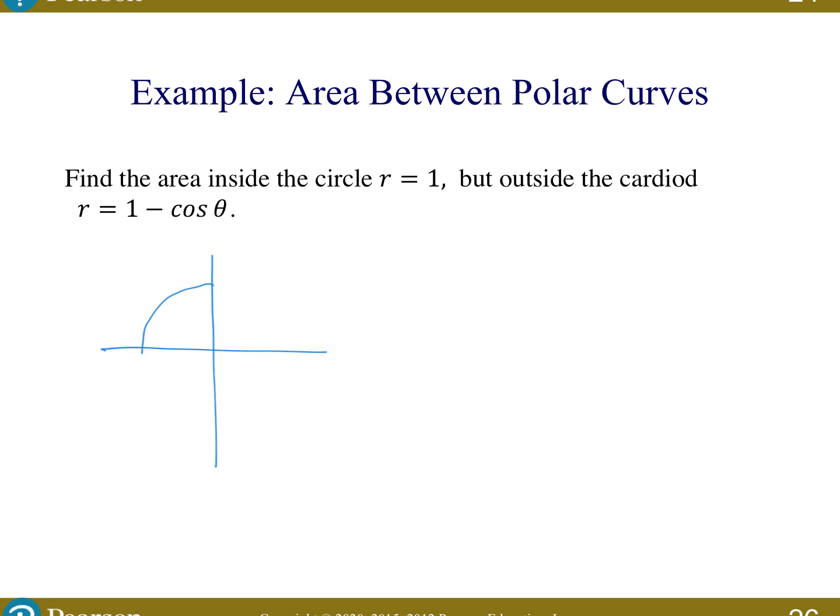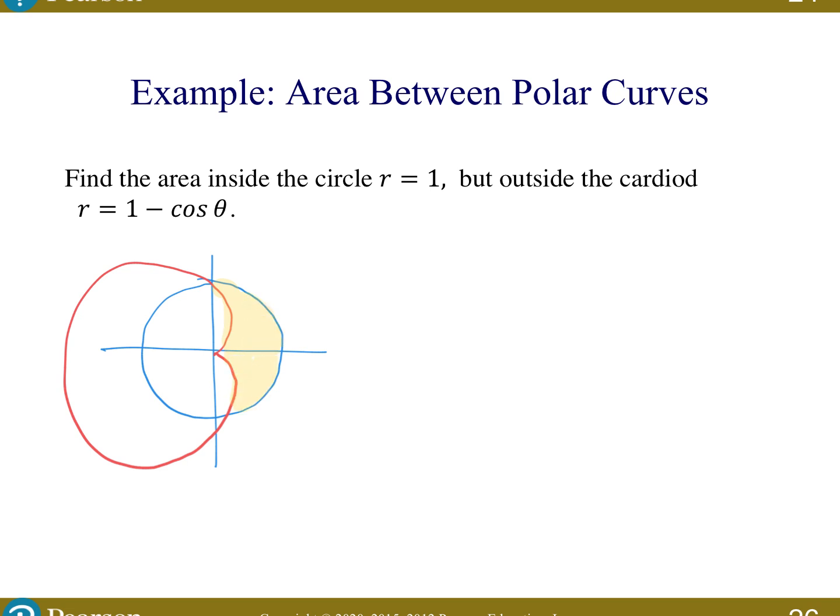You should have a circle of radius 1, and then you should have a cardioid like that. Okay, we want this to be inside the circle, but outside the cardioid. So we should be looking at this area right here.